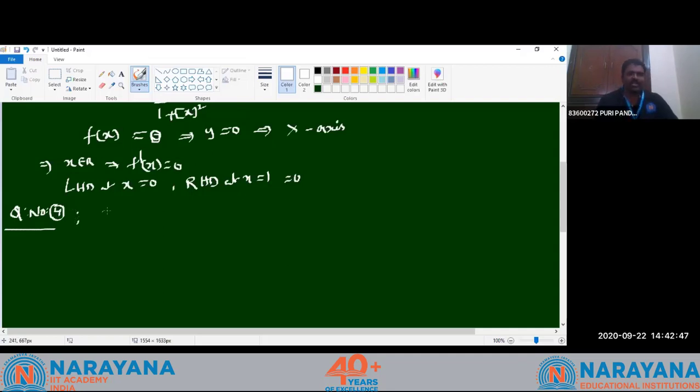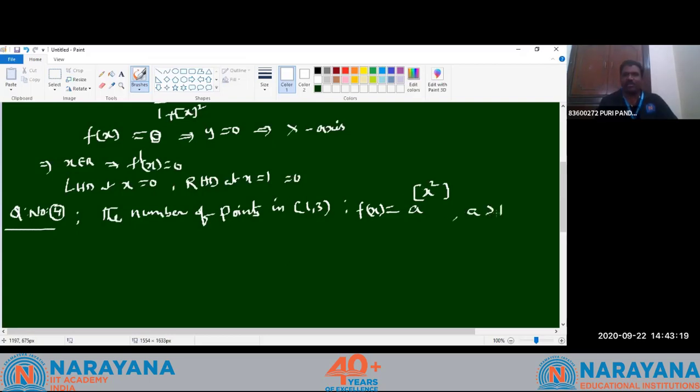The number of points in the open interval (1, 3) for which f of x is equal to a to the power of step x square, a greater than 1, is not differentiable. So step of x square is there.